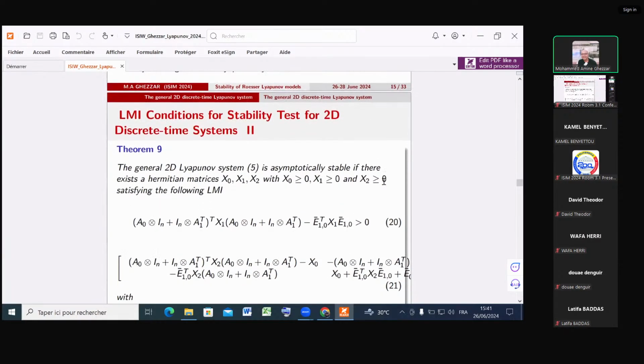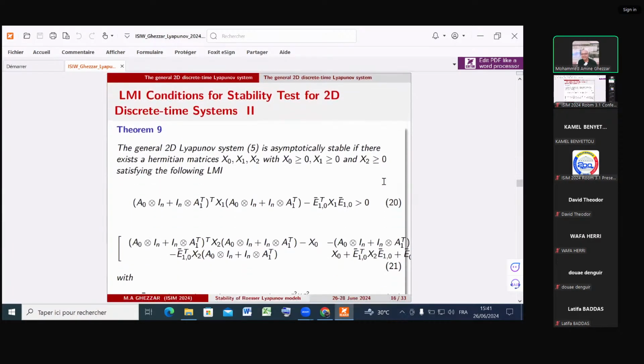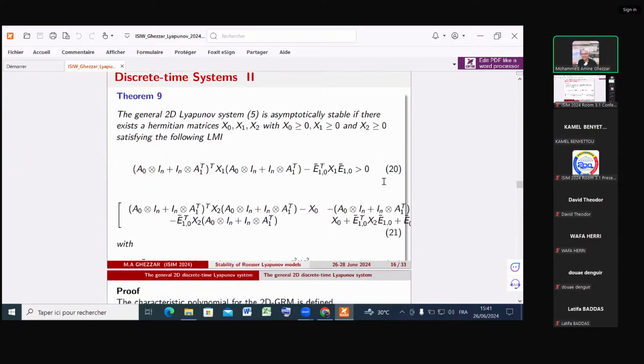Our first main result states that this general 2D Lyapunov system is asymptotically stable if there are Hermitian matrices X1, X2, X3, where the LMIs 20 and 21 are feasible, in the sense that they are solvable and have solutions.